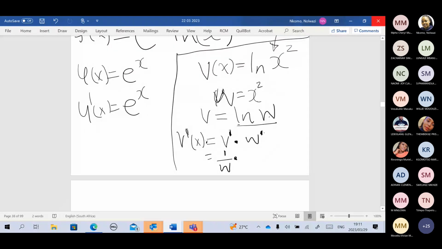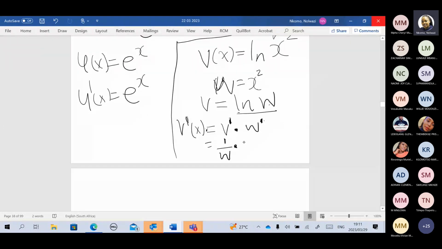But we said w is equal to x squared, so we need to substitute x squared back here.